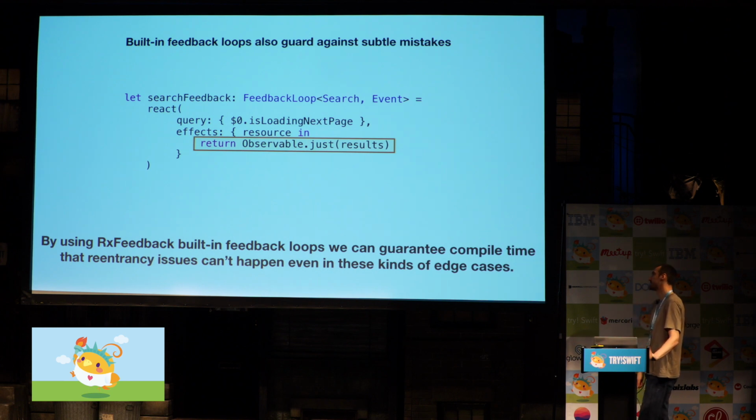Well, if you have something cached, you can immediately read it from the cache and return it, and if there aren't any special methods of handling these cases, this will immediately cause the reducer to run, you'll get a new state, and you could run into issues. So these React feedback loops actually handle all of these edge cases for you. It's a no-brainer. You just use it, and it works perfectly.